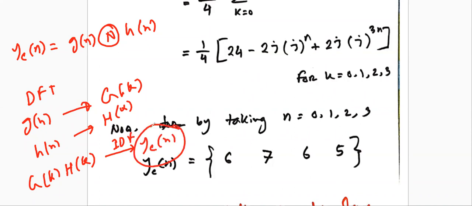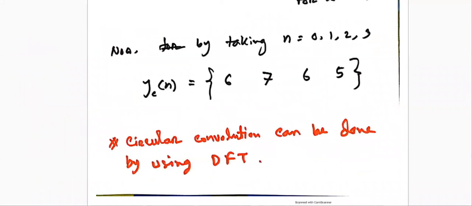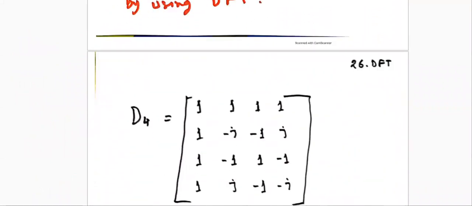So you need to find yc[n] in both processes, and then show that, yes, they are the same. So the circular convolution can be done by using the DFT.